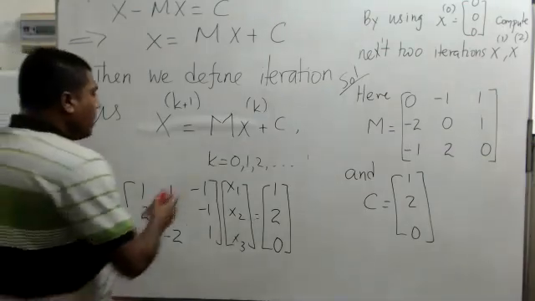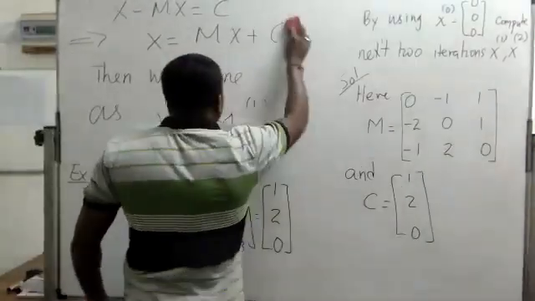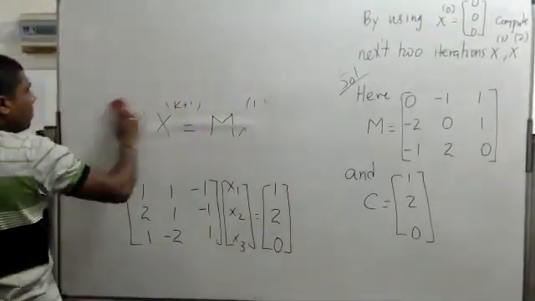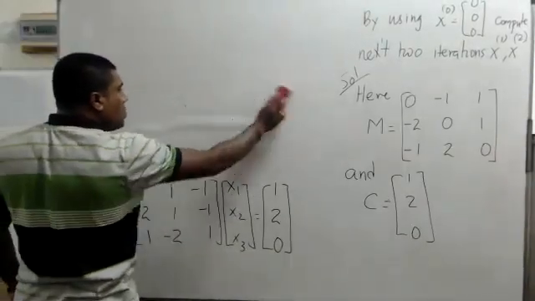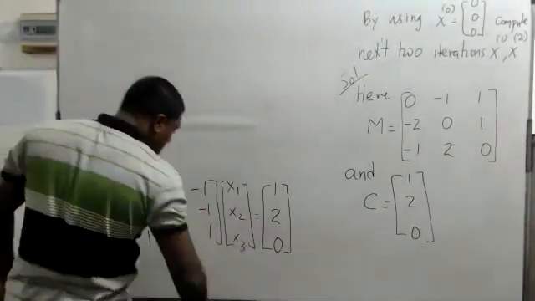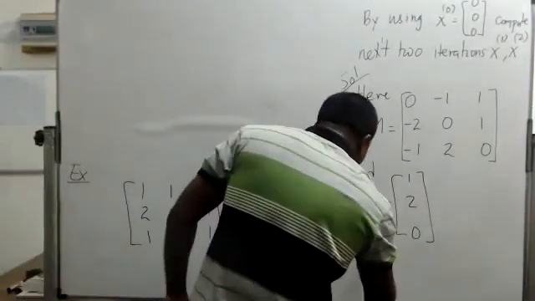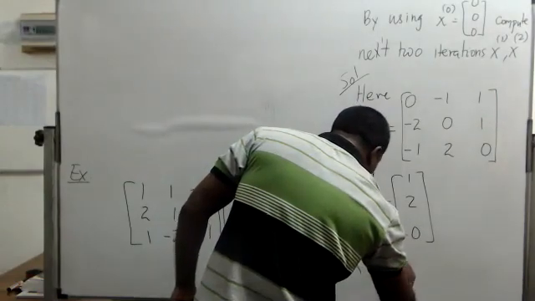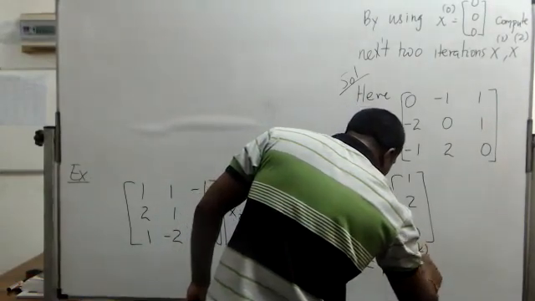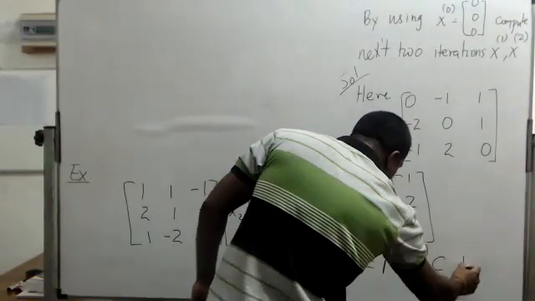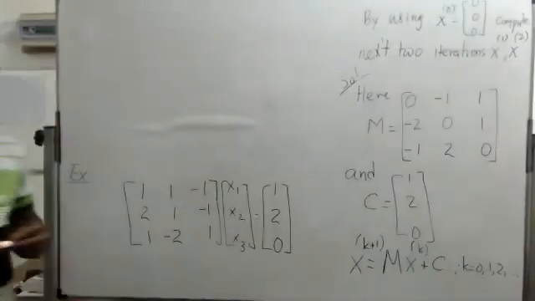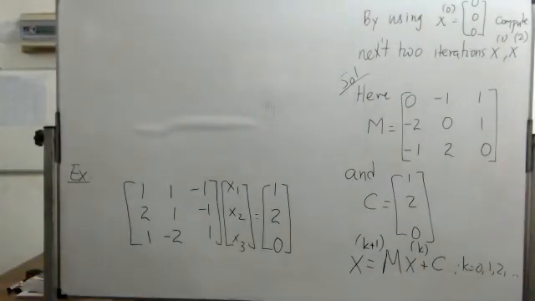So let me apply the equation. They ask you to do 2 iterations, so you have to do 2 steps. Recall that this is your iteration. You have to apply 2 steps of this.